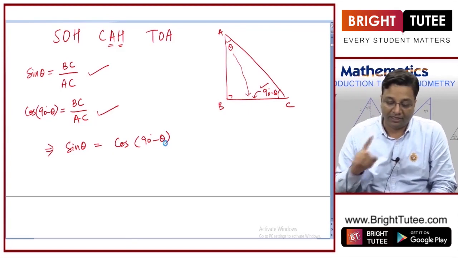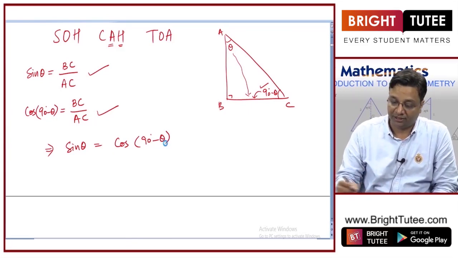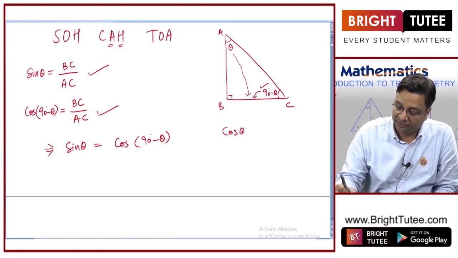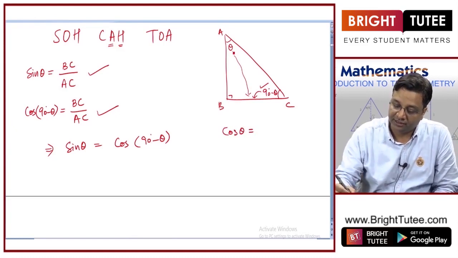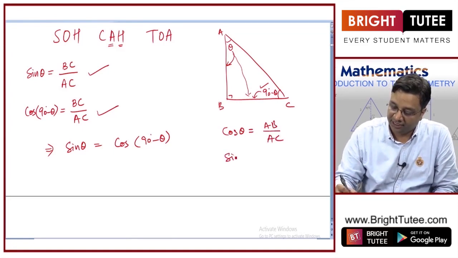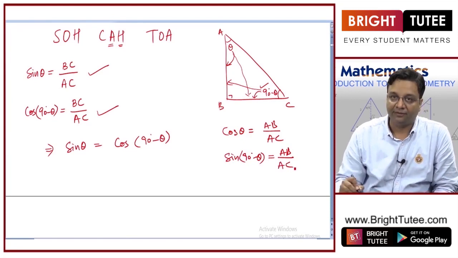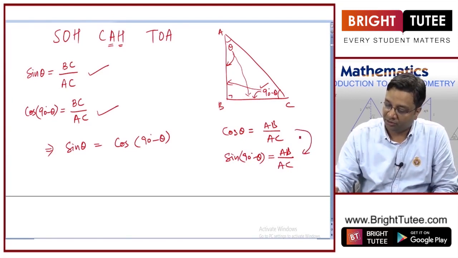Similarly, we can show that cos theta is equal to sin 90 minus theta. What is cos theta? Cos theta is this adjacent side AB upon hypotenuse AC. And what is sin 90 minus theta? It is opposite side AB divided by hypotenuse AC, and these two ratios are also equal.